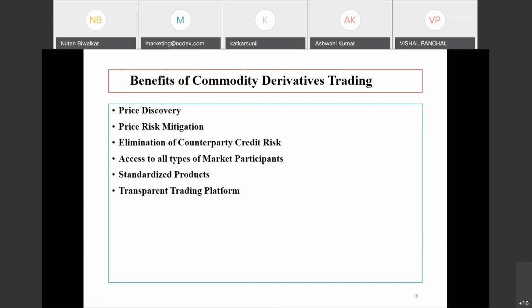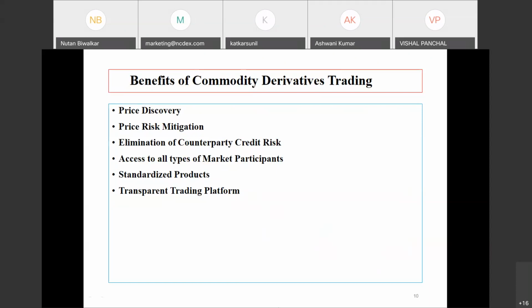Because it is a real-time price which emerges from the demand for and supply of that commodity. This is the price which does not have any manipulative or bias elements. It's a pure real-time price, and that price is where sellers are willing to sell as well as buyers are willing to buy.